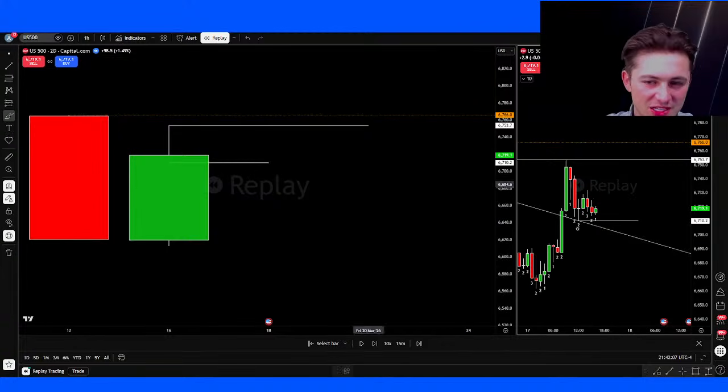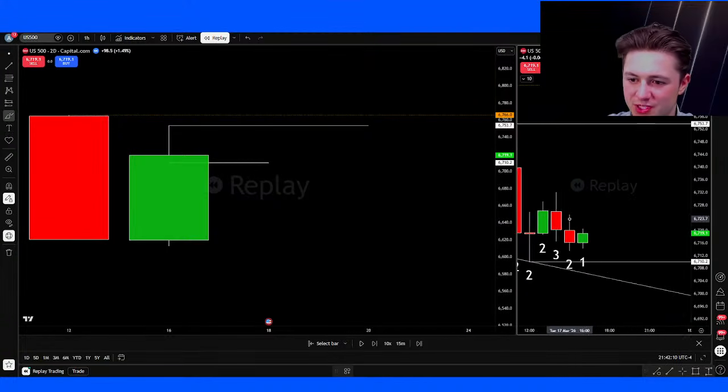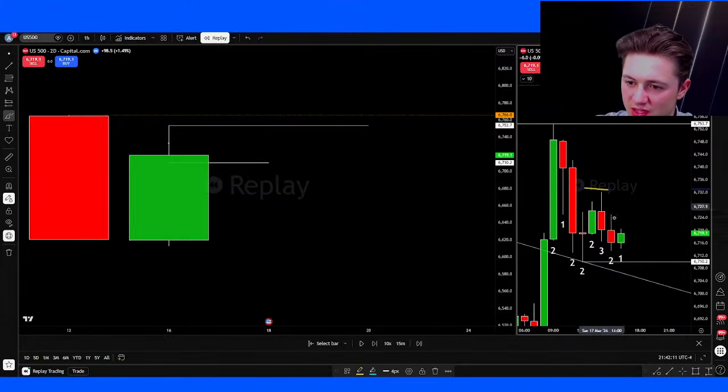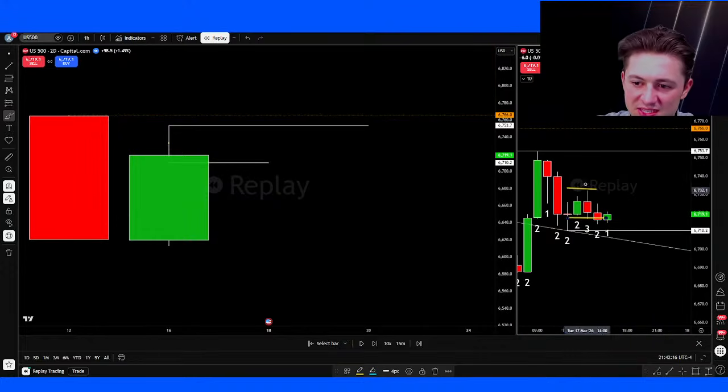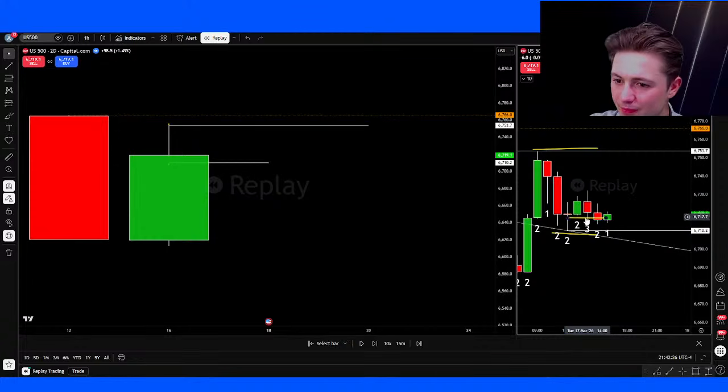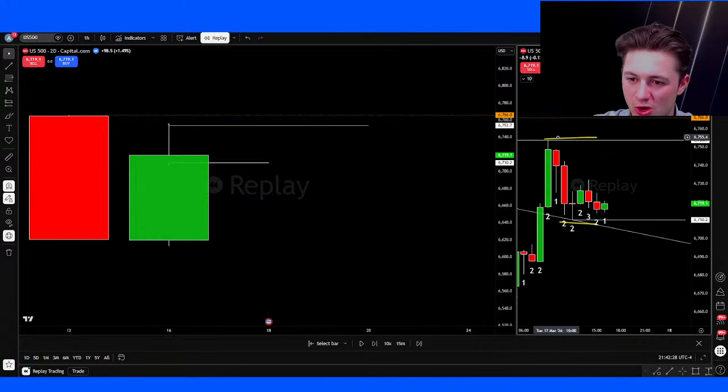And the way we time it is we look for broadening formations. So for example, this is a broadening formation, the 3. Since this is inside of this previous range, we can either trade during consolidation, should be during these bars here, or we can wait for the larger part of this range to actually be taken out, which is what we'd prefer.